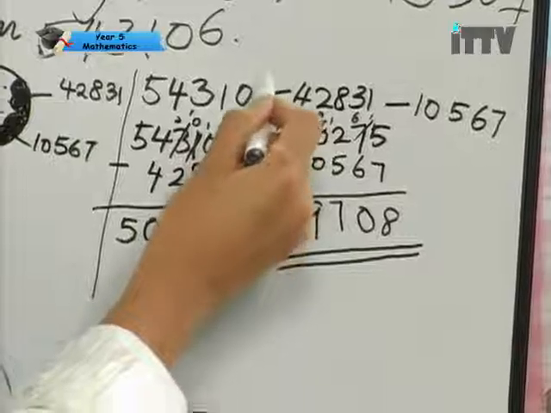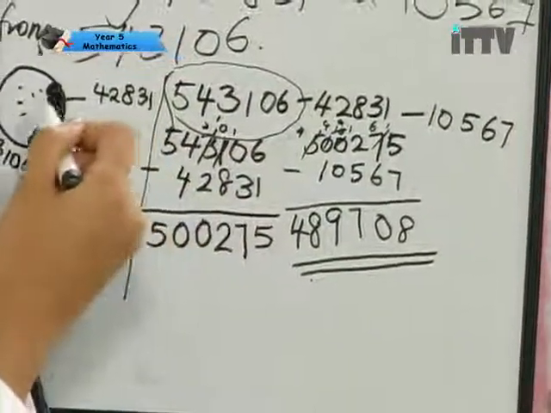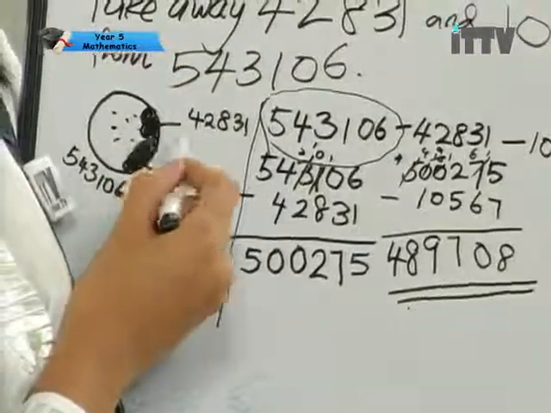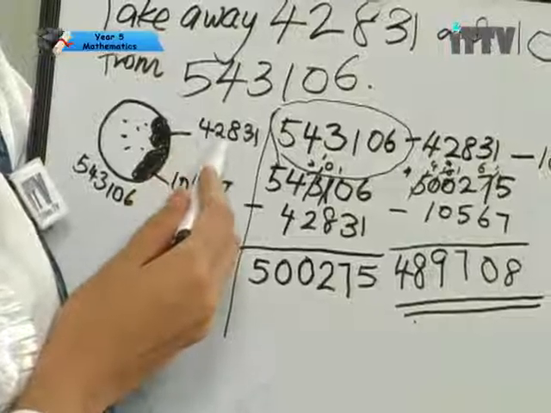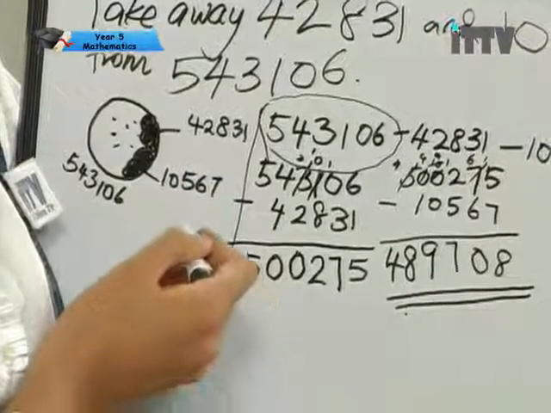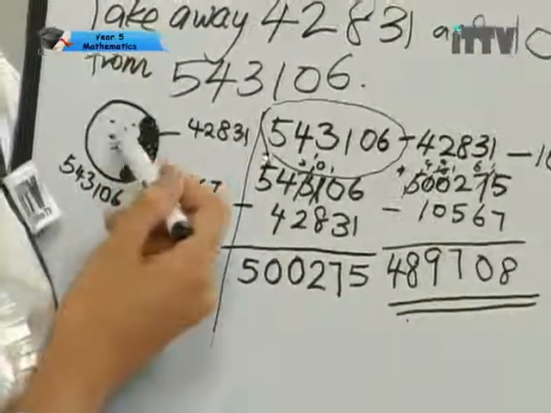Now, which numbers should we add together? We know that this is the largest number. This is the whole biscuit. To get the whole biscuit, we need to add the piece that is bitten off, the first piece, the second piece that is bitten off, and the piece that is left over.